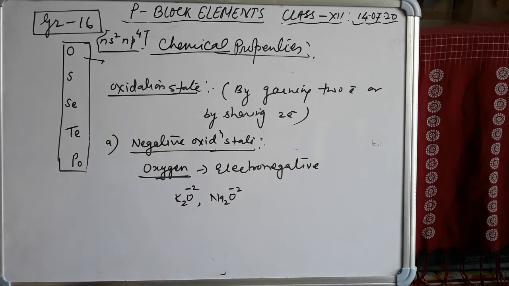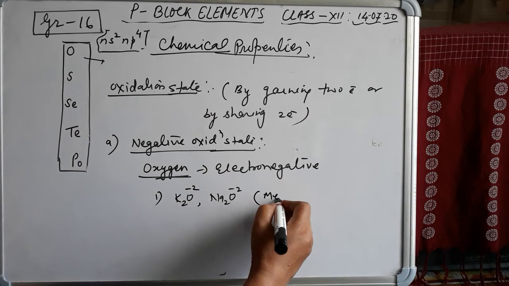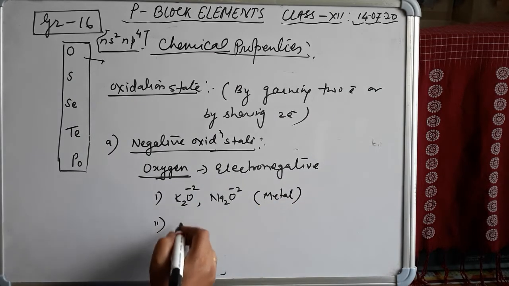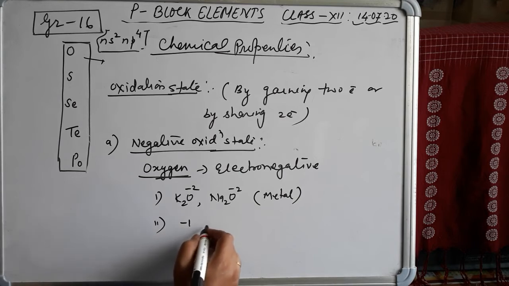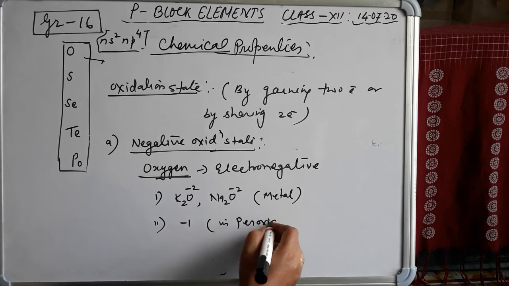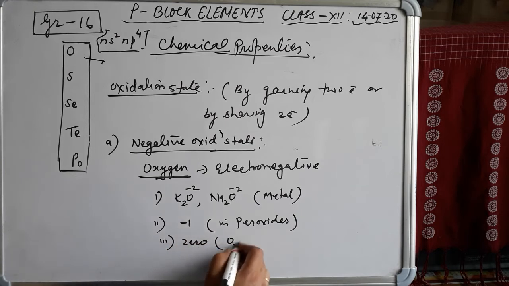Oxygen also combines with metal and shows -1 oxidation state in peroxides, and it shows 0 oxidation state in the elementary state, O2 and O3.